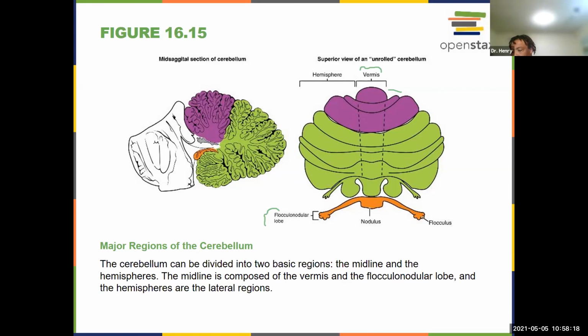So if you have a case of ataxia, it's a movement disorder that's a result of a disorder or an effect in the cerebellum. And so in the case of ataxia, you lose your voluntary movement.